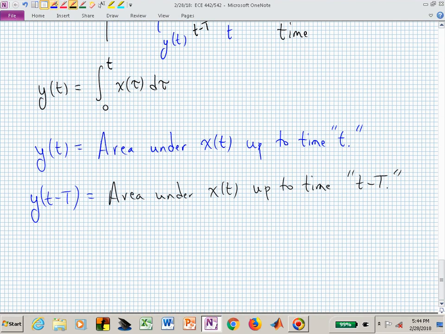We can say that y of little t is little y of little t minus capital T plus what?